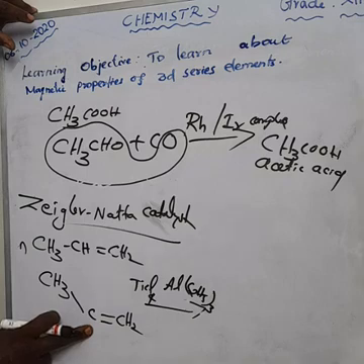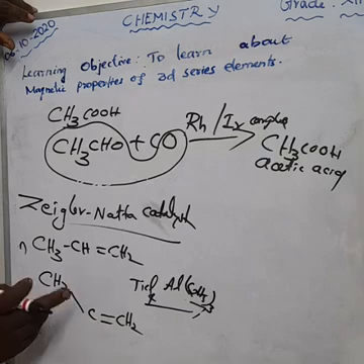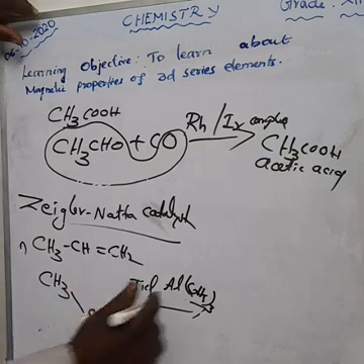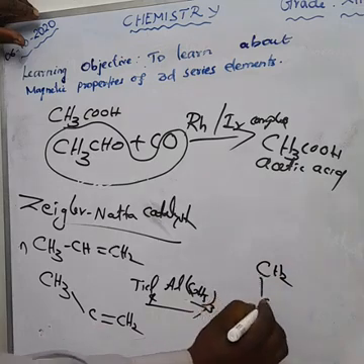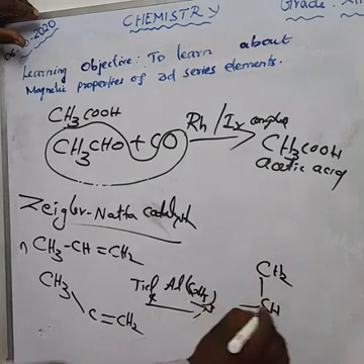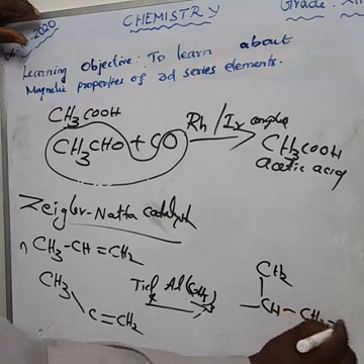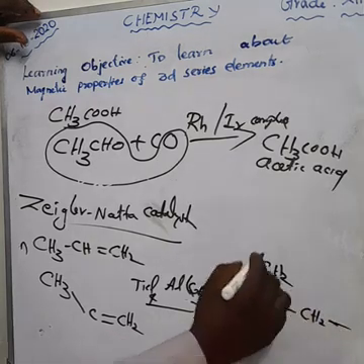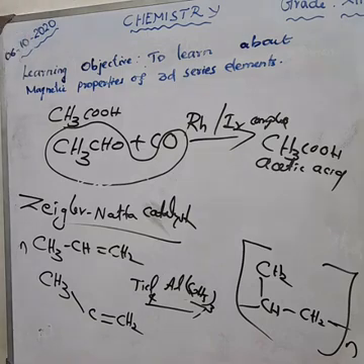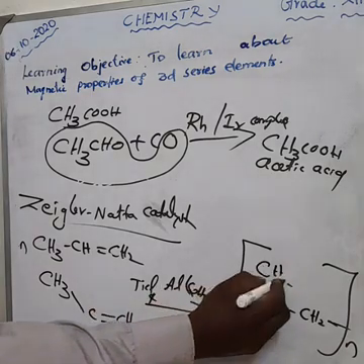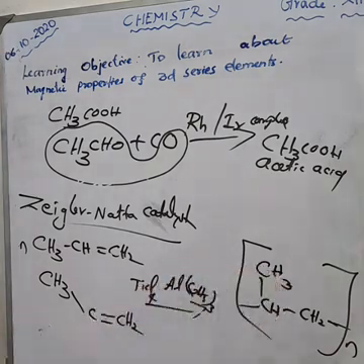Okay, what is happening here? Here we have the C double bond CH2. Here it is converted into a single bond. So we get CH3 C CH2. Then we call it polymerization.